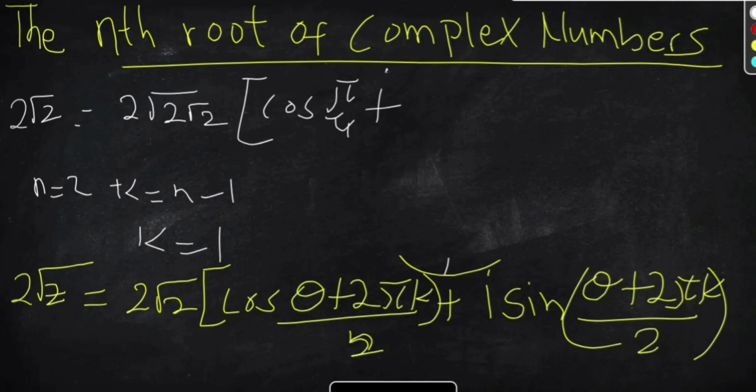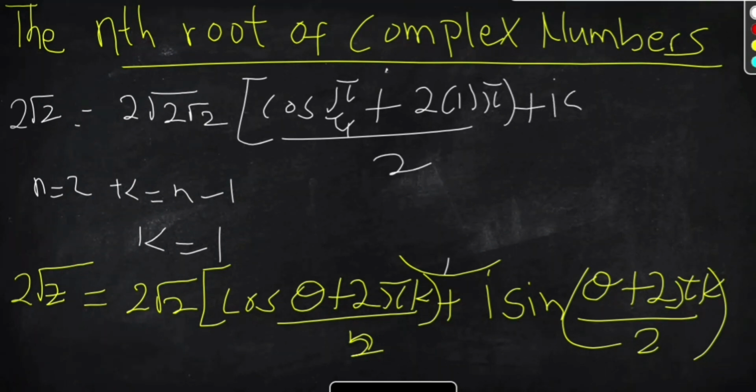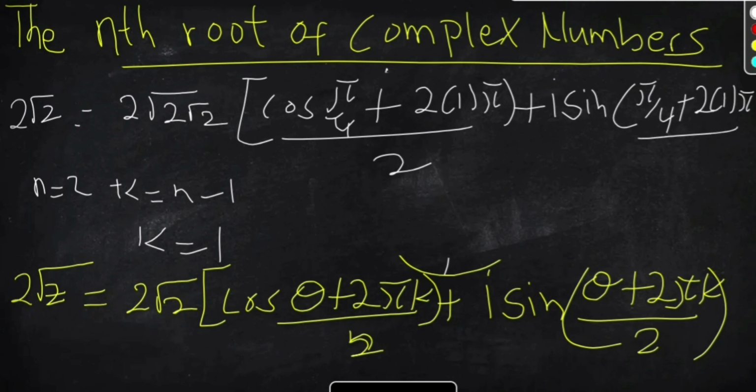So plus 2 into brackets 1 pi over 2, plus i sine into bracket theta, which is pi over 4 plus 2 into bracket 1 pi over 2.